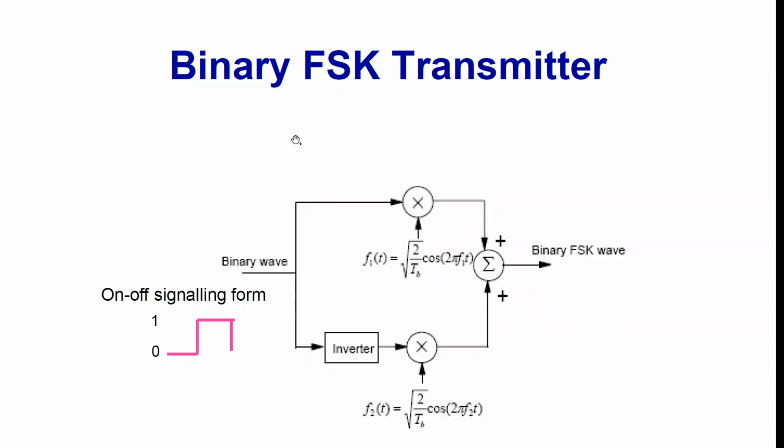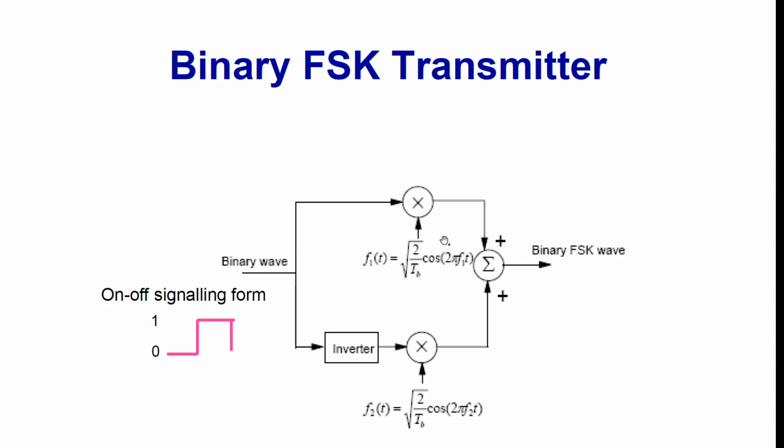So BFSK transmitter. Here we will use on-off signaling, so we can have 0 or 1. If it is 0, then here it will be 1, but here it will be 0.